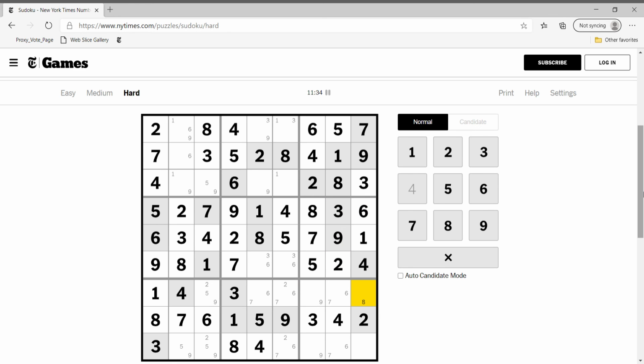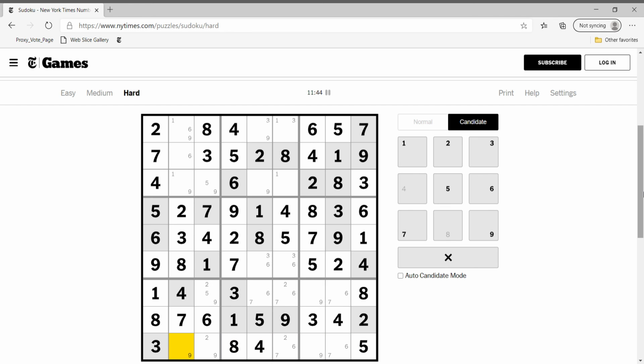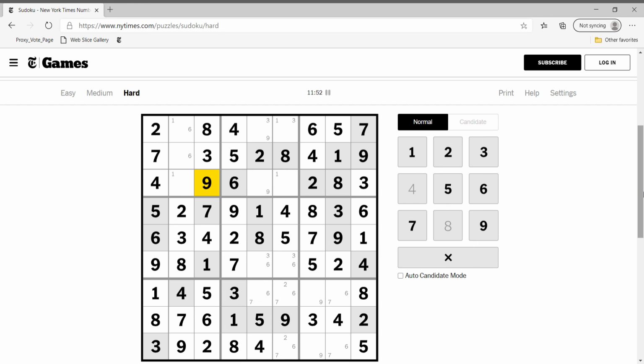This is 8. Okay, this is the last digit in this column, which is 5, right? So now we know these are not 5s. This is 5, this is 9, this is 2, so not 9. This is 9, not 9, 9, 3, 1, 7.